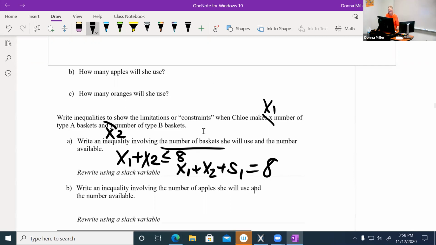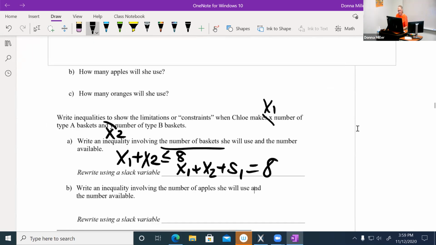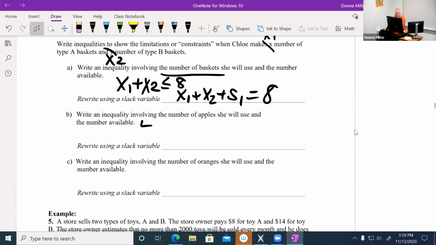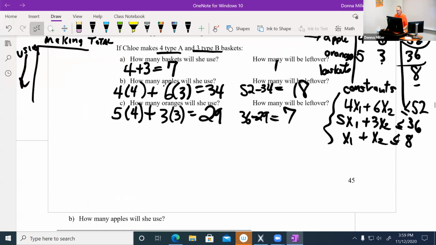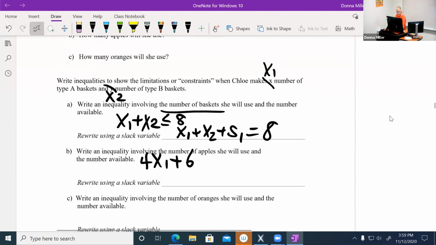Now we're going to do another one, the number of apples. I'm just going to read across the table: 4x1 plus 6x2 is less than 52. This is why I like tables, because you can just read straight across. Now I'm going to introduce another slack variable, which is the leftover apples.